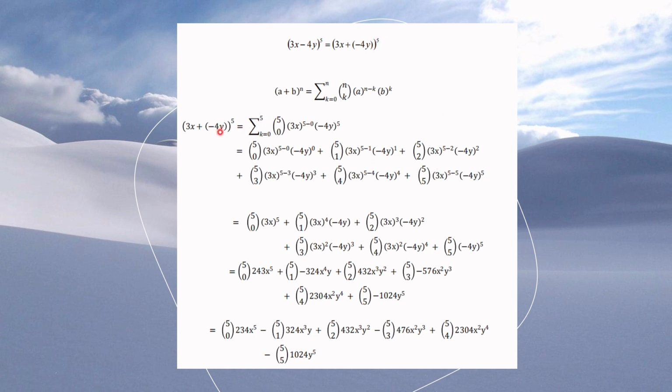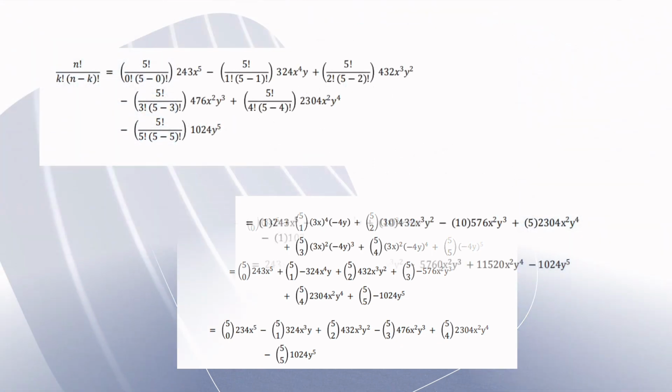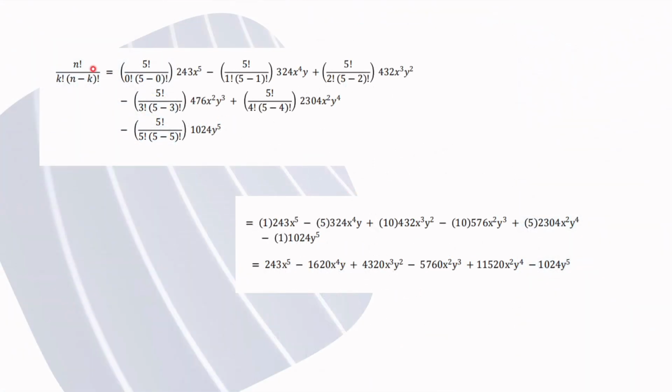We substitute it in the equation of the binomial theorem and we get this equation. After this, we substitute the values into n factorial over k factorial times (n minus k) factorial.